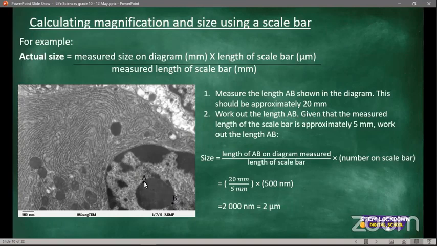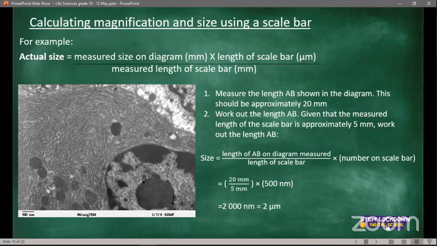So this should be approximately 20 millimeters. You work out the length AB, given that the measured length of the scale bar is approximately 5 millimeters.